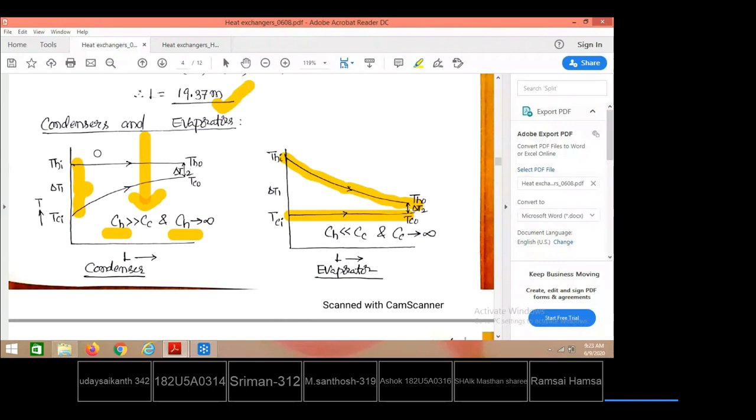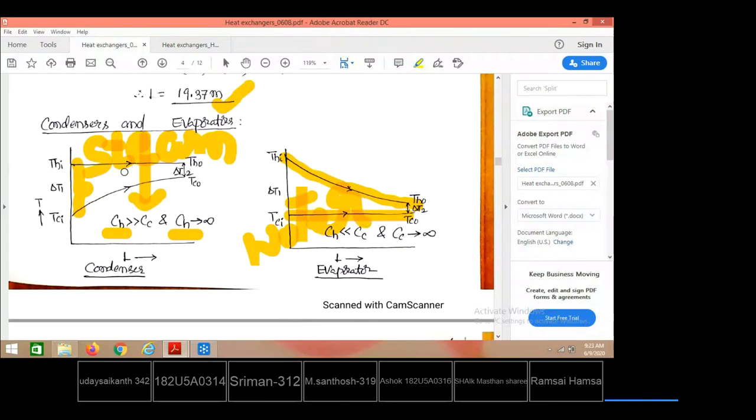Here, you can imagine the hot fluid as steam or vapor. In the case of the cold fluid, you can treat it as water. 100 degrees centigrade water will become 100 degrees centigrade steam on receiving the heat.